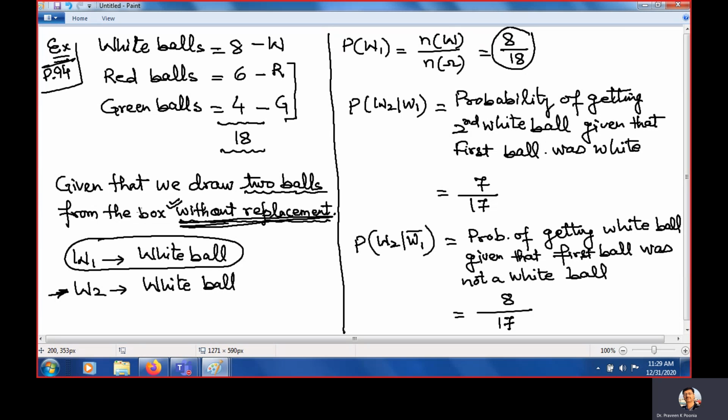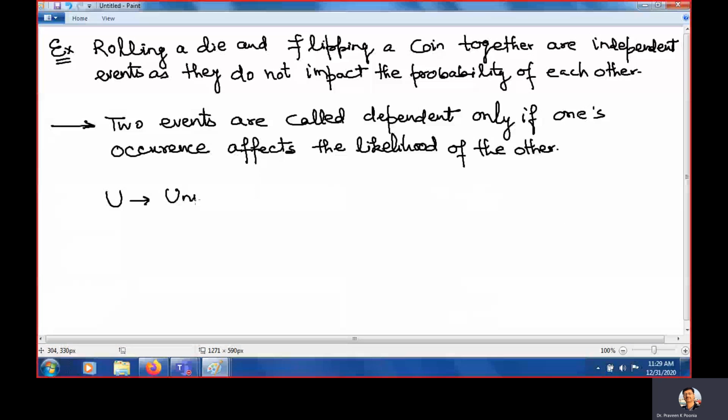And one more thing I want to tell you: this symbol is called union and this is called intersection. Union is used for or, intersection is used for and.